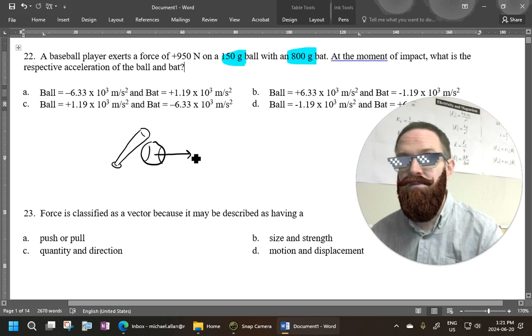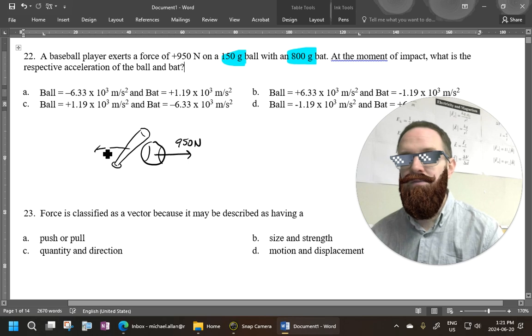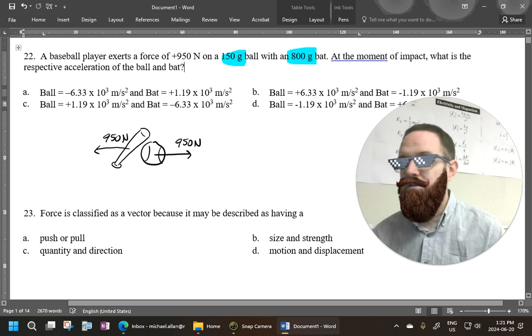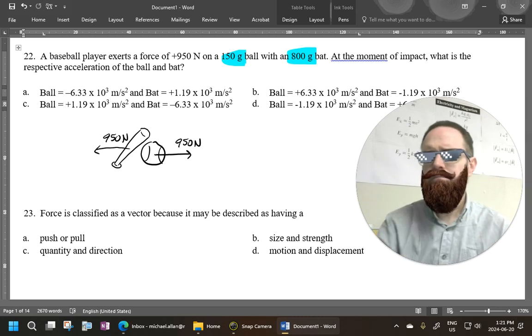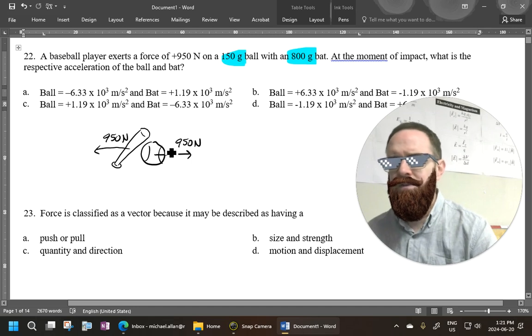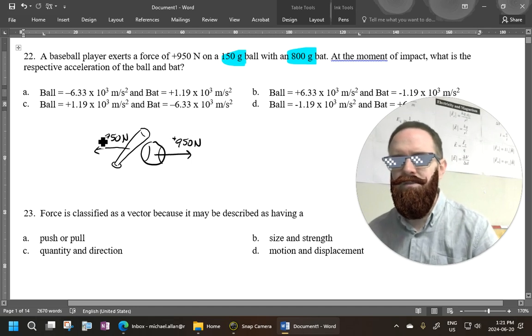So if I know this force is 950 newtons, then I know this force backwards is also 950 newtons. So those two forces are going to be the same. Okay, so say I did the ball. So this is positive, this one's going to be negative.